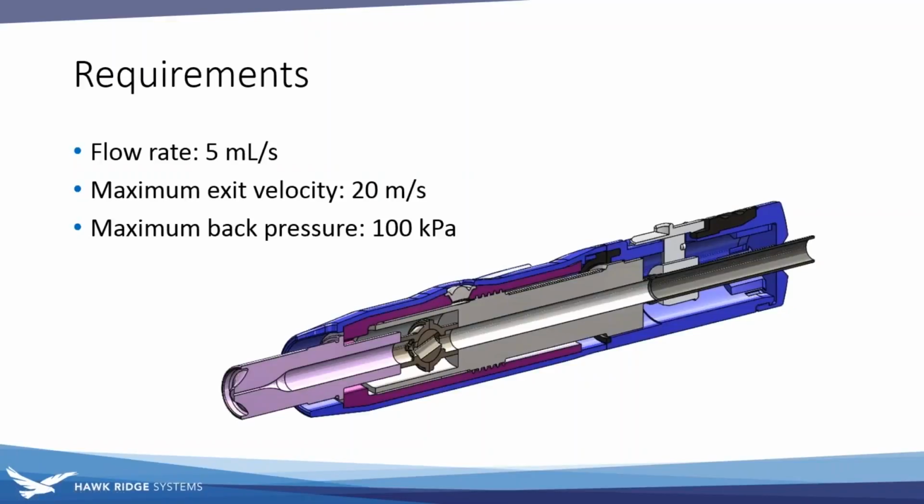And we're looking to have a flow rate of 5 milliliters per second, but we do have some hard constraints. We're concerned about the exit velocity of this device, and we're concerned about the amount of back pressure that's going to be generated, specifically as it fires through this small nozzle at the front here.